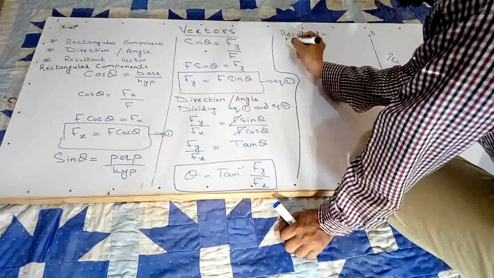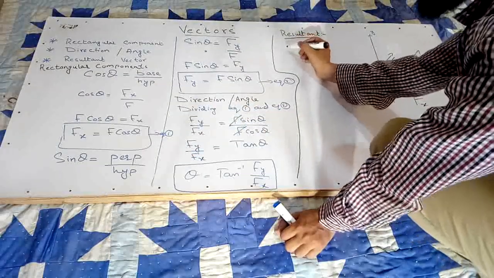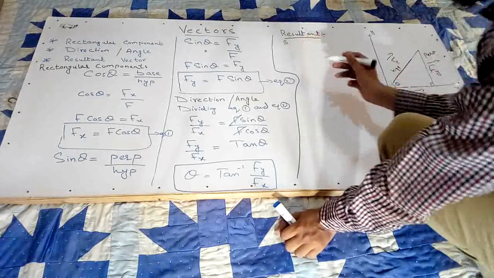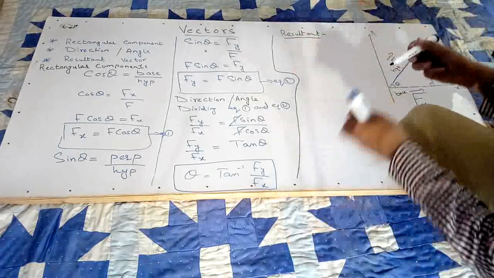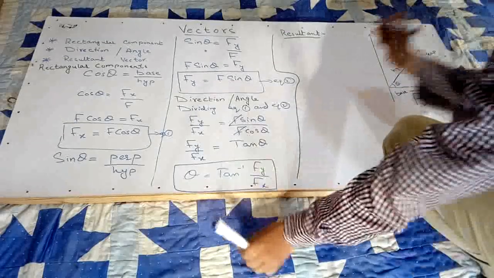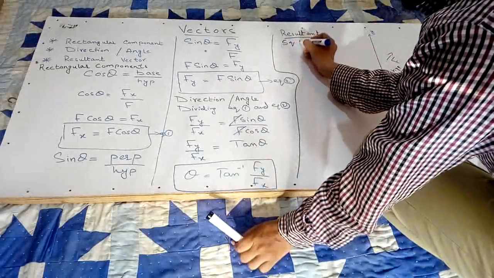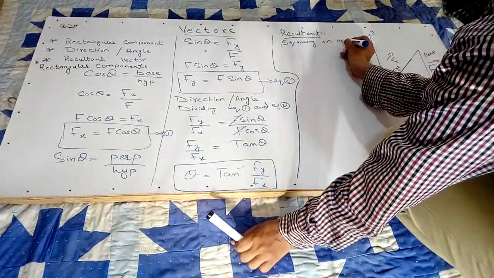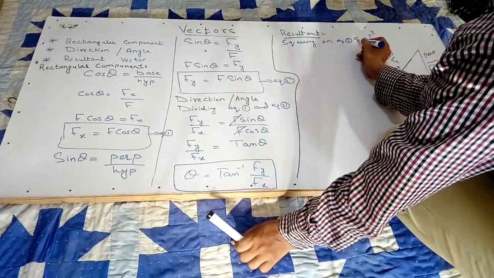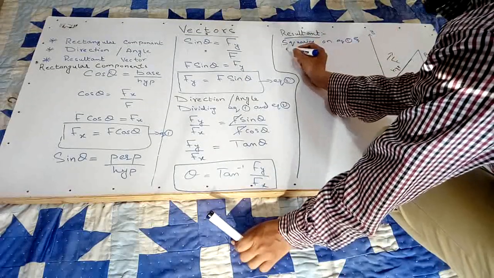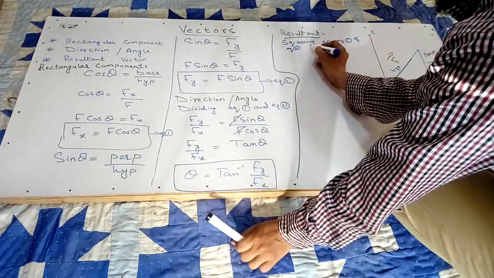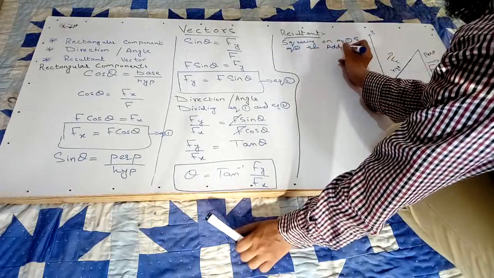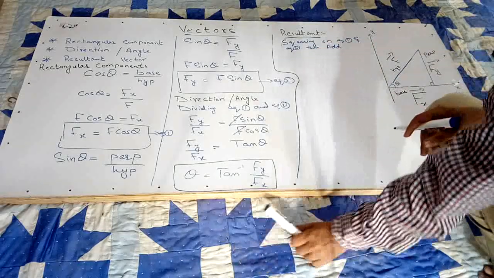We square equation 1 and equation 2 and then add.